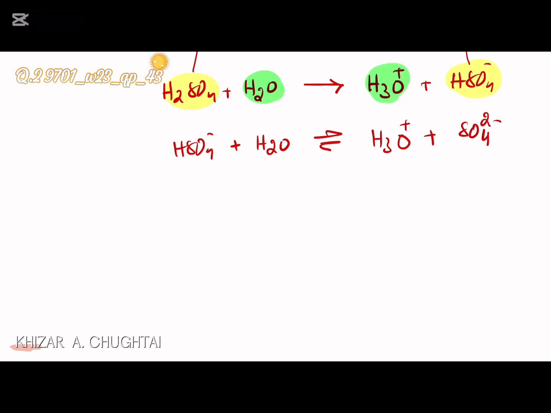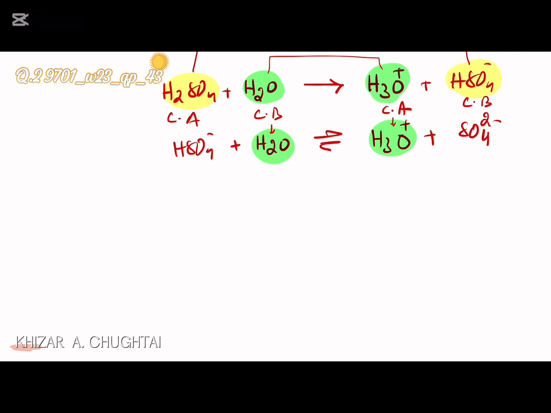They also differ by just H+. But this is the conjugate acid and this is the conjugate base. Here it is the conjugate base, it is the conjugate acid. An acid is a species that has more H+ or fewer negative charges. Same is the case for these two species in the next step. It's a conjugate base, it's a conjugate acid, and so on.